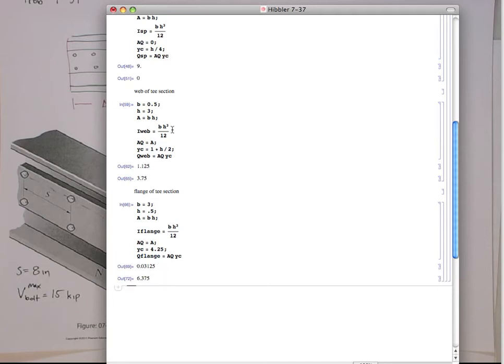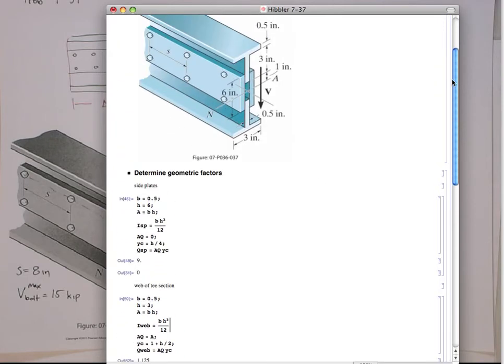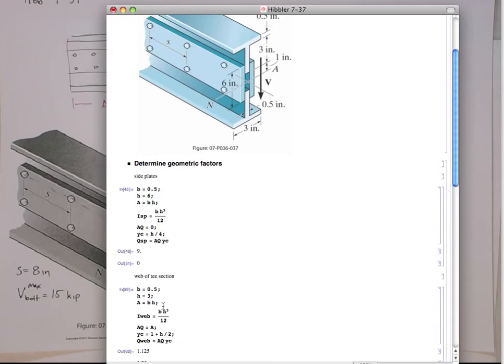Now, I kind of screwed up again. Well, I didn't screw up too bad, but I need to do parallel axis here, right? So for the T section, both the web and the flange I's have to be shifted by parallel axis. This is the I about its centroid. Let's add the parallel axis term. That's going to be the area times the distance to its centroid squared.